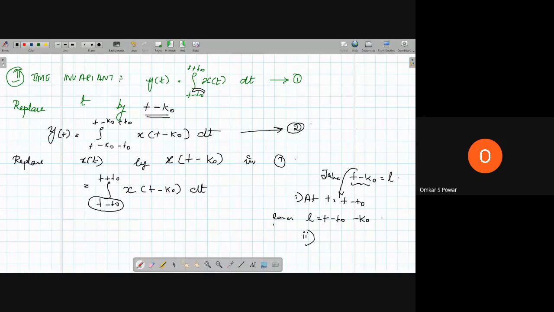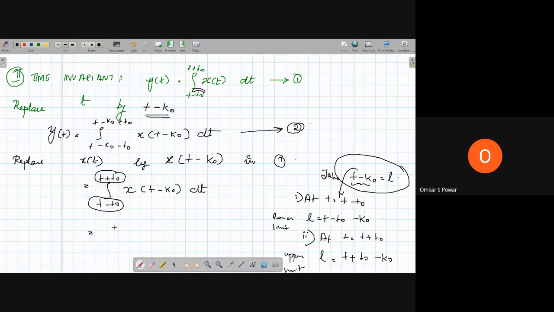I'll write here lower limit. For the upper limit, at t is equal to t plus t naught, so this is your upper limit. So what is your value of L? t plus t naught minus k naught. How did you get this? From this one, just substituting and changing the limits.